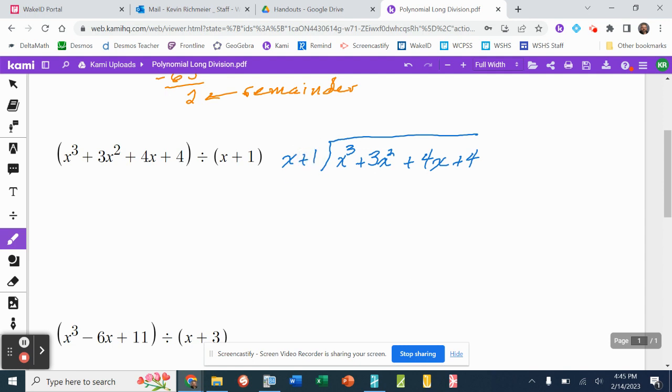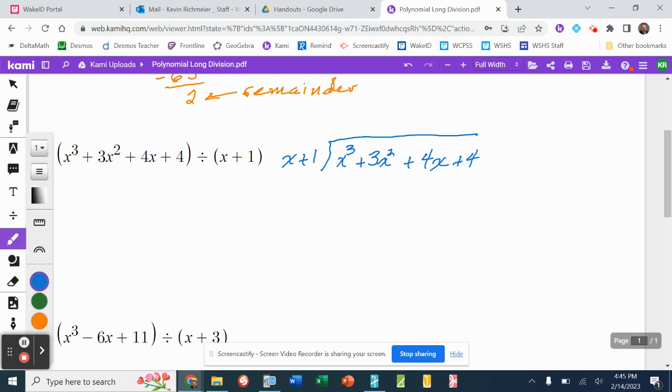Now, where it differs a little bit is that I am going to try and subtract. I want to make this x, I want to multiply it by something so that it will eliminate the x cubed. I want to make those look exactly the same. So I have to ask myself, what would I multiply x by to make it x cubed?